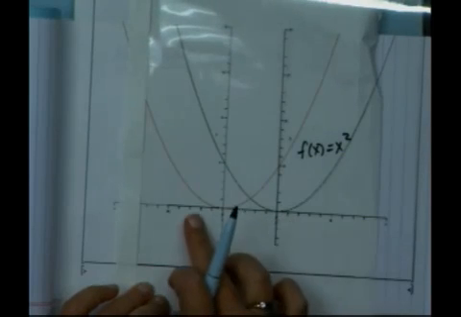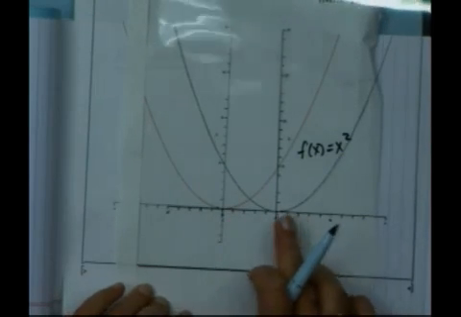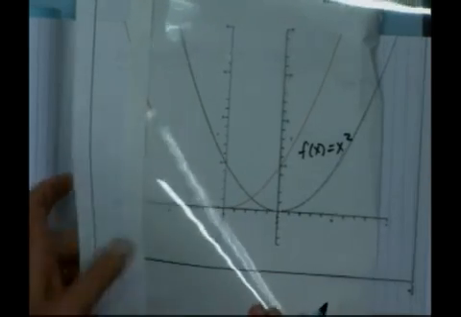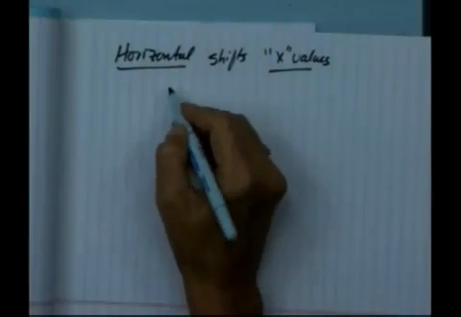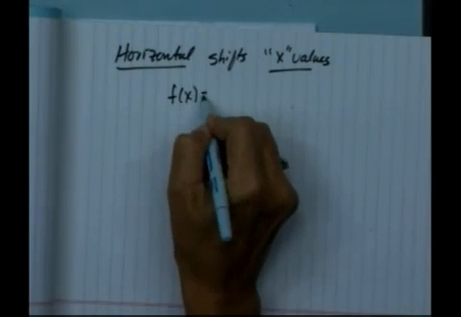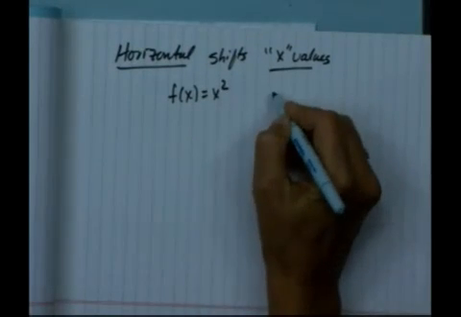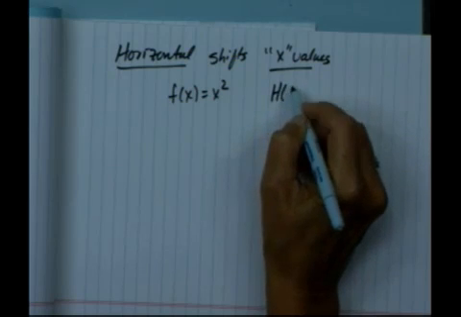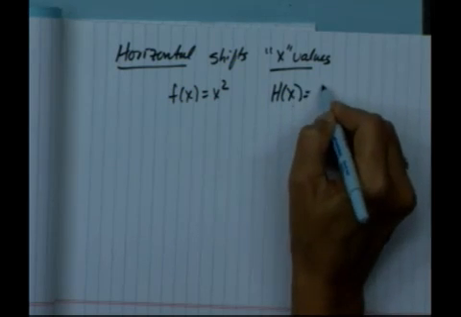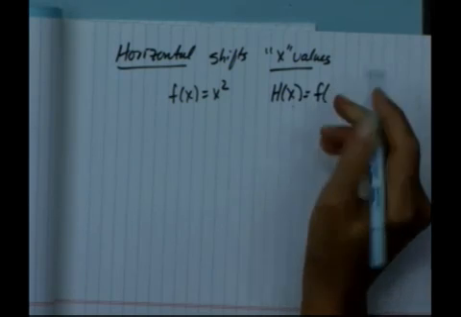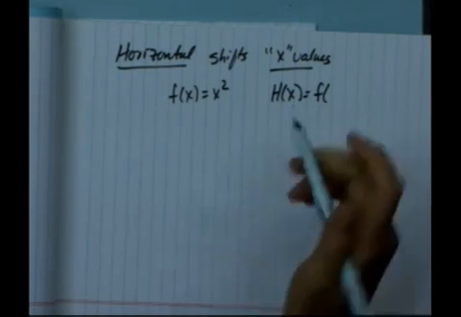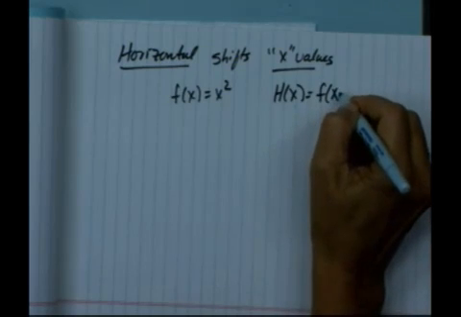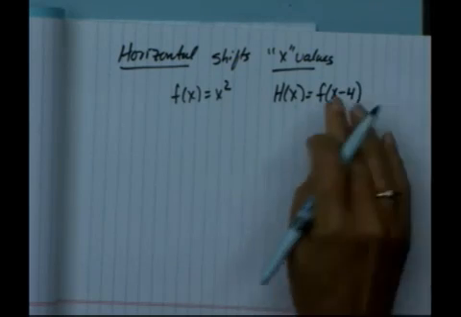So what I have to do to shift this to the right 4 units, remember I just told you it sounded backwards. If f of x is x squared, if I want to come up with shifting it to the right, h of x is going to have to be my f of x, but I'm affecting the domain. And that is going to be x minus 4.